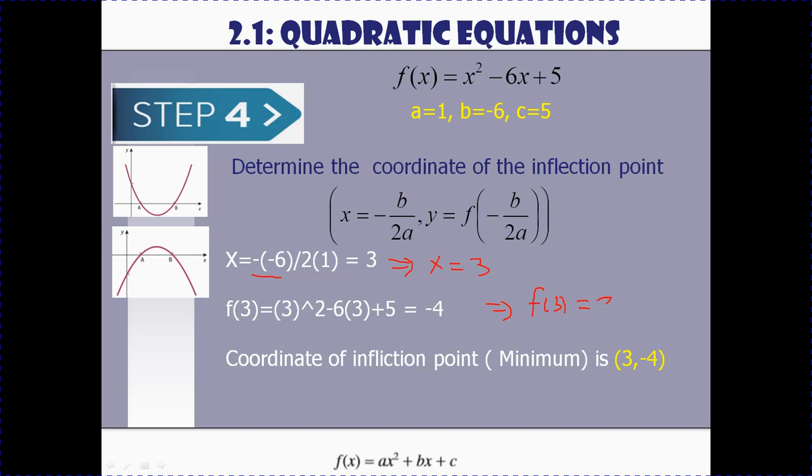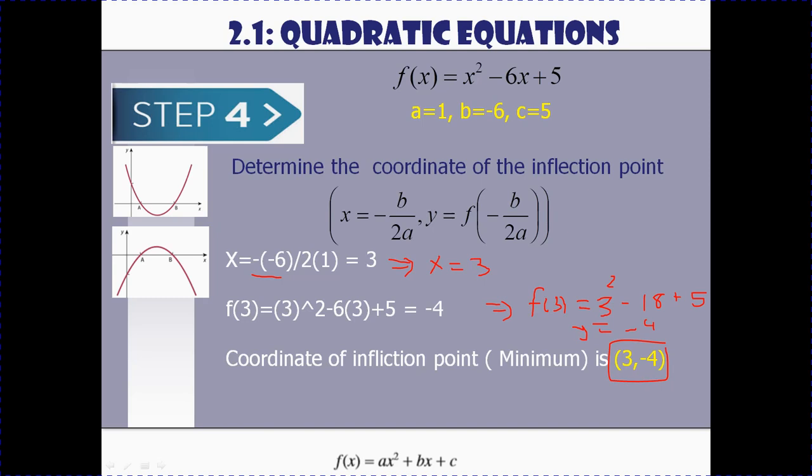This is 3 squared, minus 6 times 3, which is 18, plus 5. Now the answer will be minus 4, as you see. So x equals 3 and y equals minus 4. So the coordinate of that minimum point is (3, minus 4).